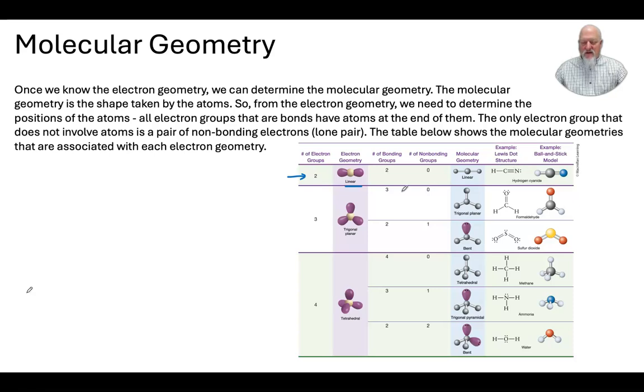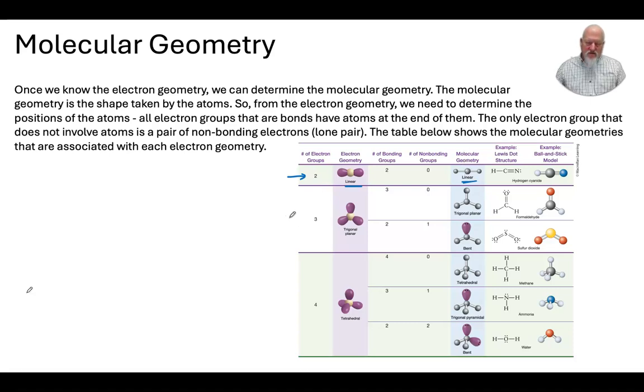So that means the electron geometry and the molecular geometry are the same. That's because there are no non-bonding groups on the central atom in this case. So my 2 bonding groups, again, are 180 degrees from each other. So the electron geometry, which is just based on the total number of electron groups, is linear. And then my molecular geometry, which is just based on the position of the bonds, is also linear.